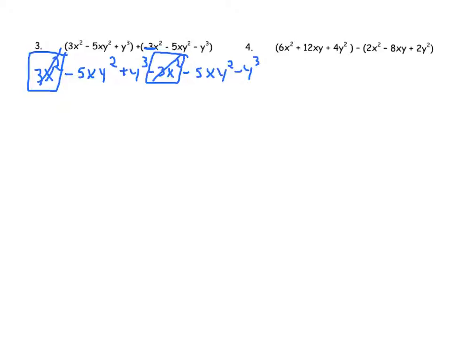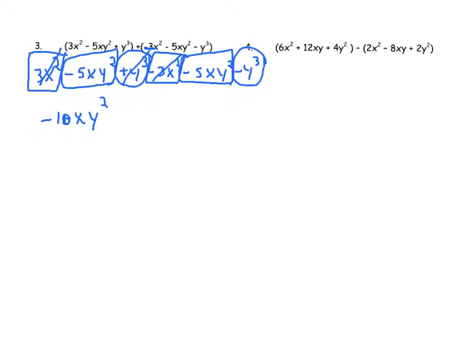Then I have negative 5xy squared, so I'm looking for an x and a y squared, and I have one right here. So I have a negative 5 plus a negative 5, that makes negative 10 xy squared. And then I have a y cubed, 1y cubed, minus 1y cubed, so they cancel each other out as well.